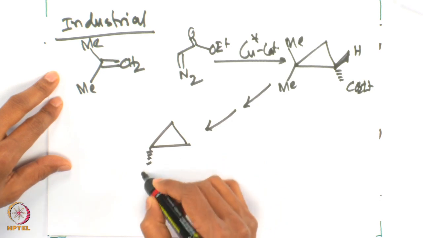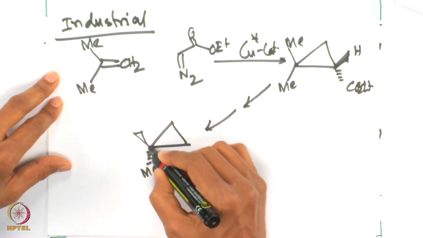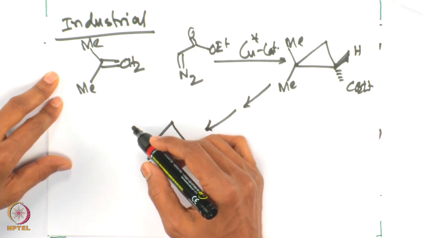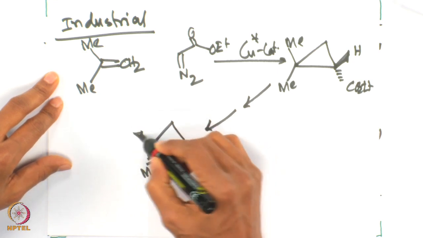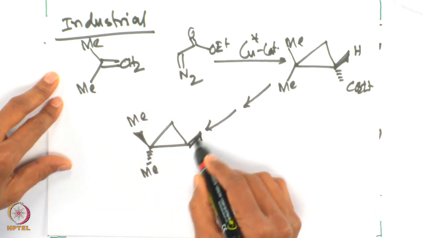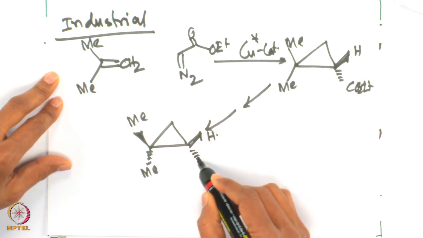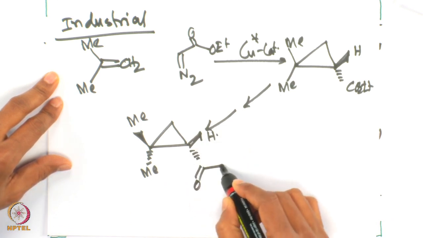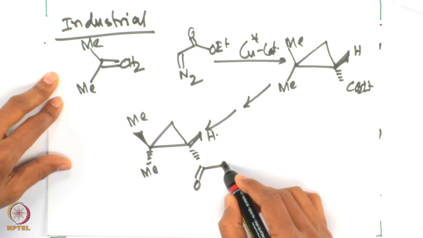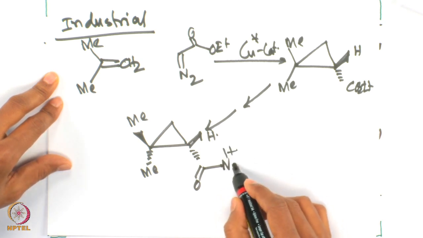This is the structure of cilastatin, and as you know, cilastatin is used as an antibiotic in conjunction with carbapenem, which inhibits the enzyme dehydropeptidase. So, these are antibiotic combinations.